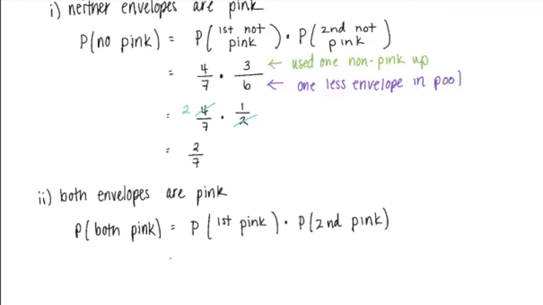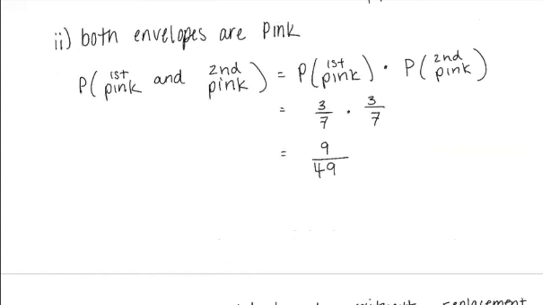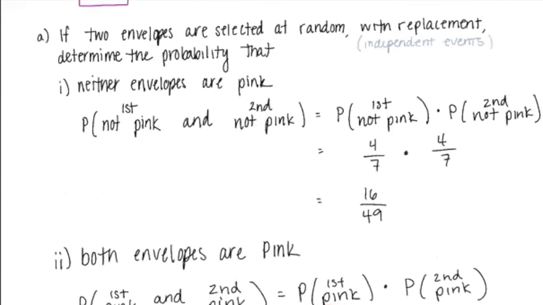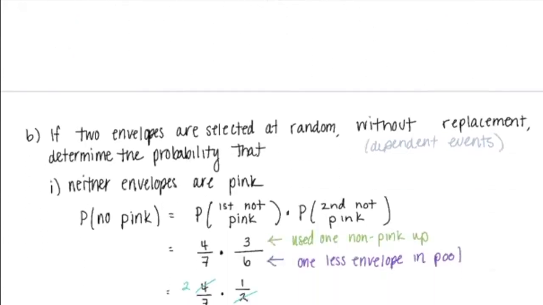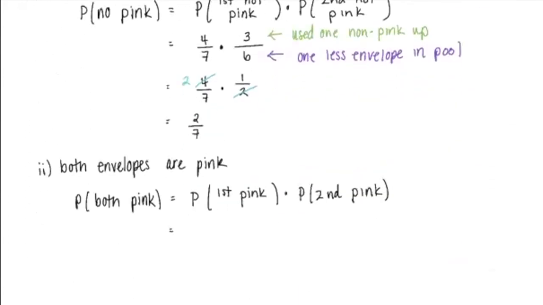Our probability, again, is still exactly the same. You have a 3 in 7 chance because 3 envelopes are pink out of the 7. And again, for the second probability, I've now used up an envelope.